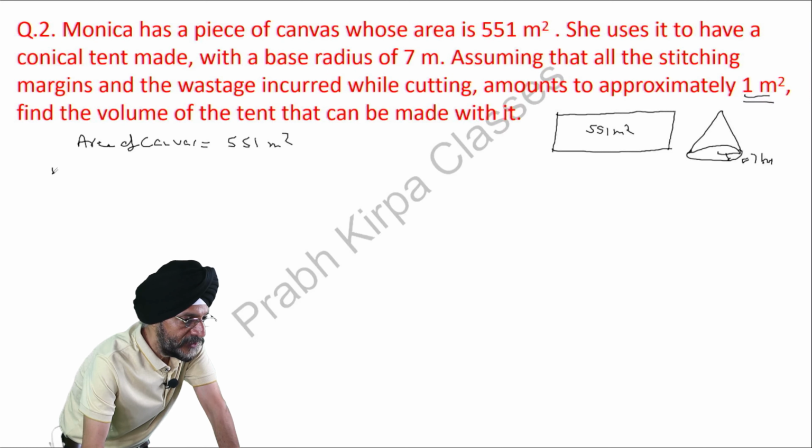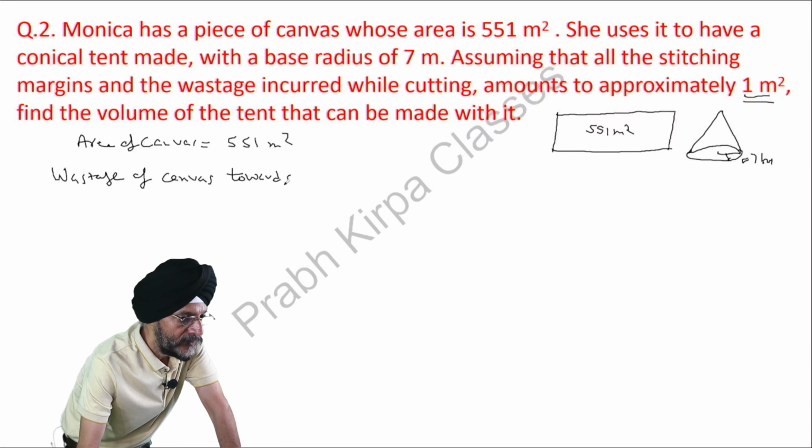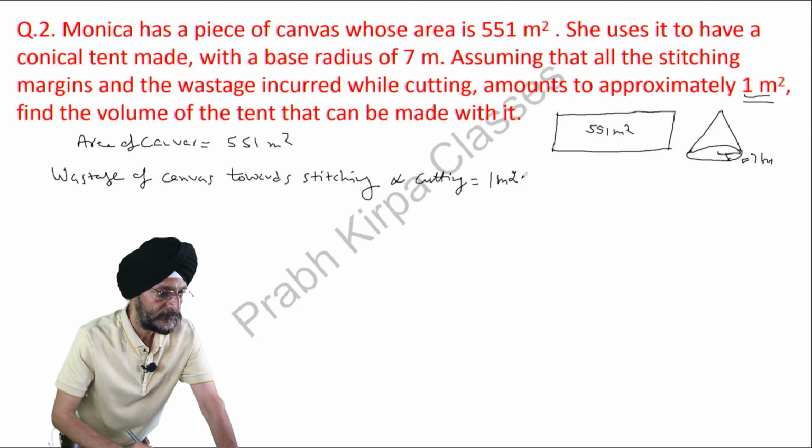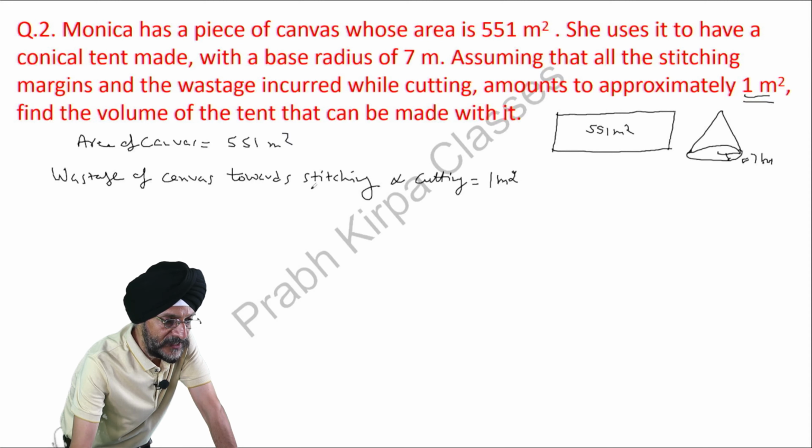So wastage of canvas towards stitching and cutting is equal to 1 square meter. It means that this is the total area of the canvas and this is the wastage towards cutting and stitching.